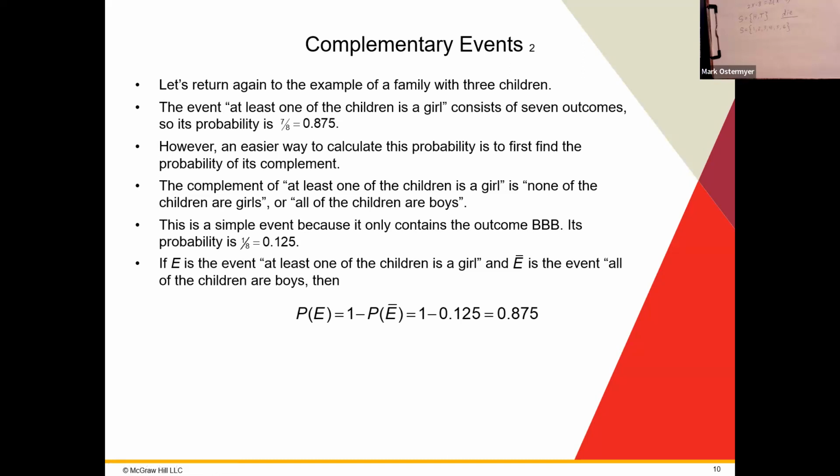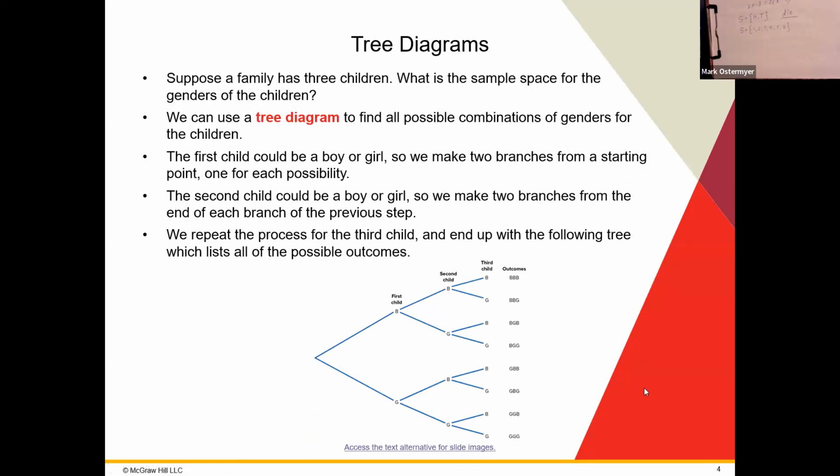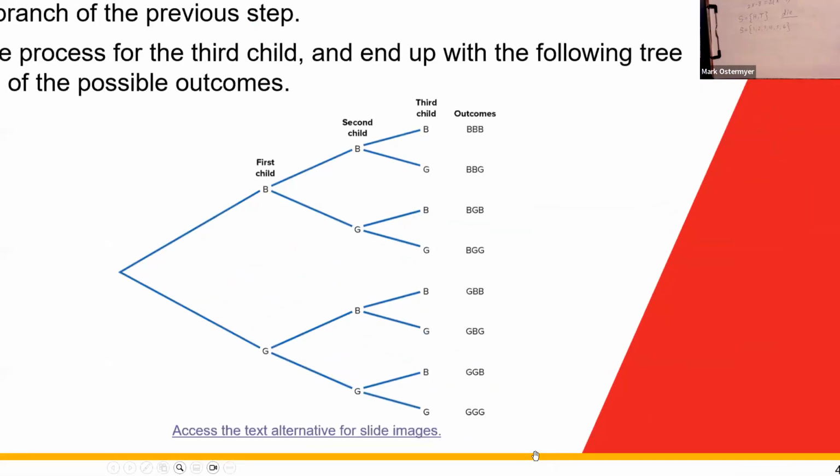And so, ladies and gentlemen, how many of the 8 outcomes yield 1 girl, or 2 girls, or 3 girls? Well, if you go back and count all the outcomes that yield 1 girl, 2 girls, or 3 girls, this one doesn't count. There's 1 girl, 2 girls, 1 girl, 2 girls, 2 girls, and 3 girls.